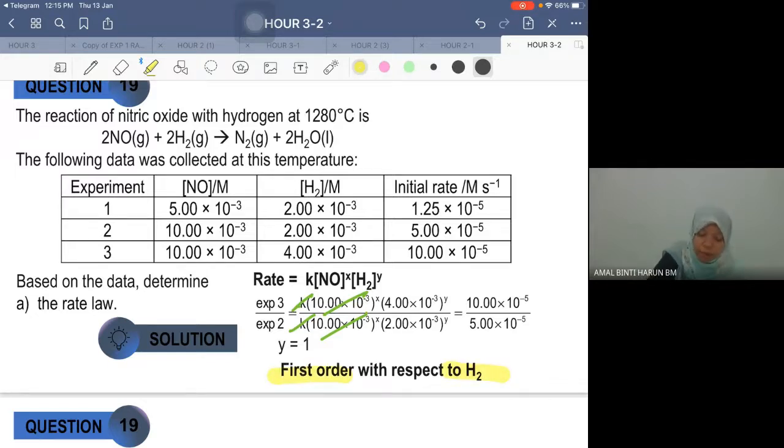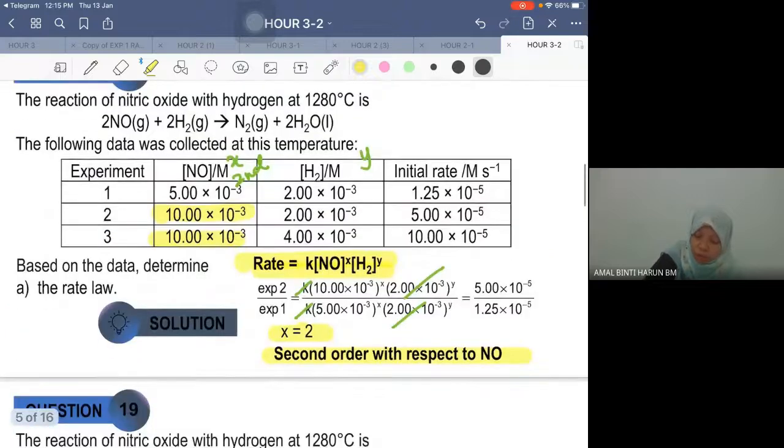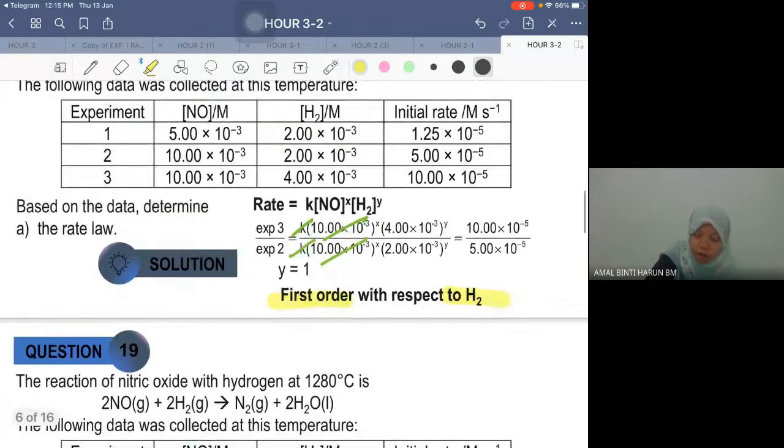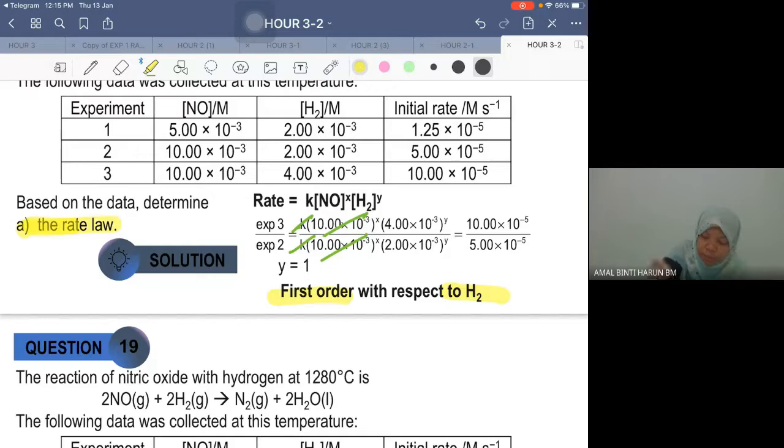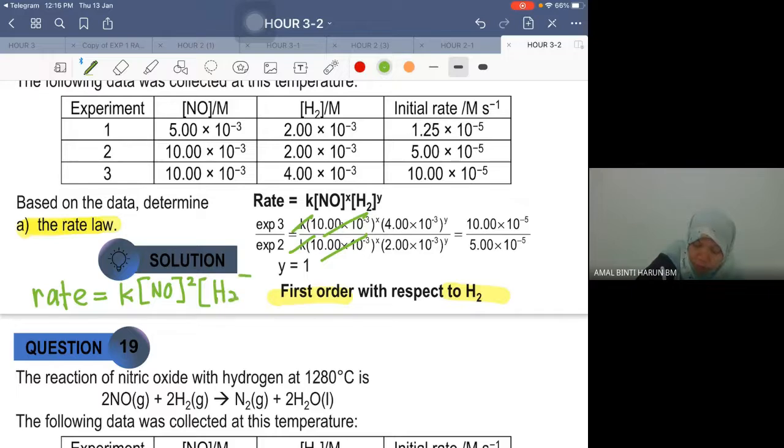Okay, soalan tanya apa? Soalan tanya rate law. Finally, adakah kita sudah menjawab rate law? Belum lagi. So rate law adalah kita tulis rate equal to K concentration NO power of 2 concentration hydrogen is first order.